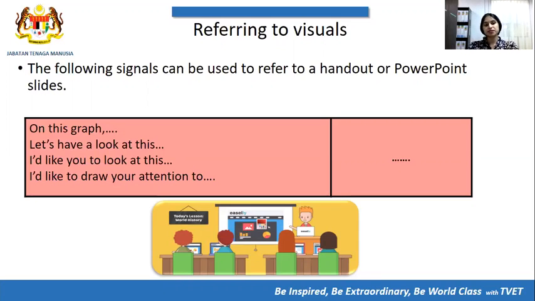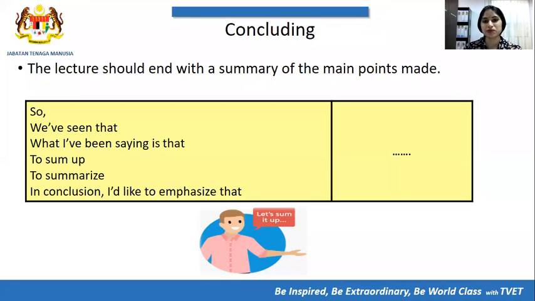So these are the examples of referring to visuals signal phrases which you can use in your presentation if you want to show visuals to the audience. Now let's look at concluding signal words or phrases. So concluding, what is concluding? Concluding means you want to end your presentation. How do you want to end it?